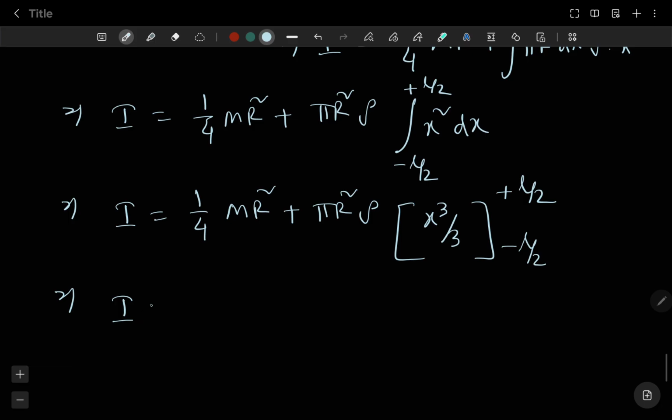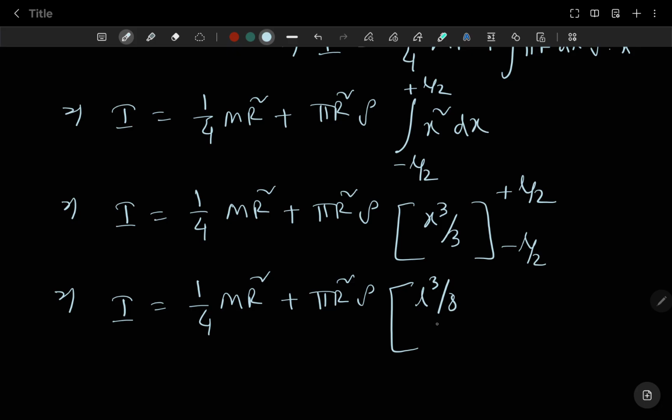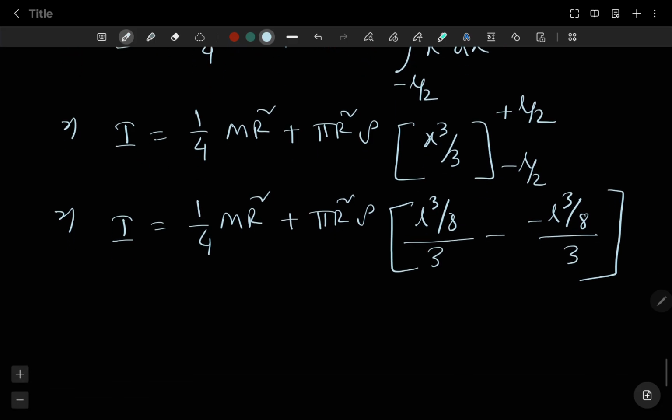So it becomes plus pi R square rho times L cube by 8 into 3, which is 24, the upper limit, minus the lower limit, which is minus L cube by 8 by 3. So it is 2L cube by 24, that is L cube by 12.